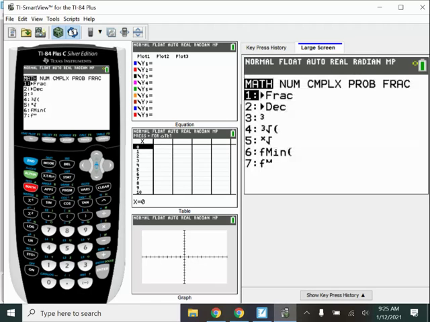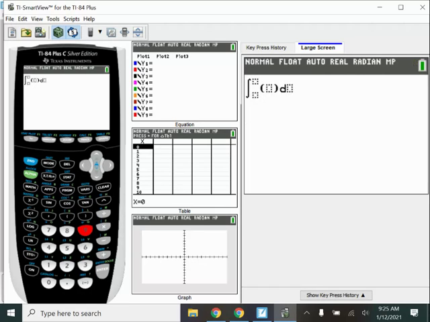We're not really going to be using the other 3 screens for this one. So you want to press the math key, and option number 9 is going to be your integral. If you have one of the older black calculators, I'll write on the smartboard what you would need to do in order to be able to use that, because you do have to do a little bit of programming to figure that out.